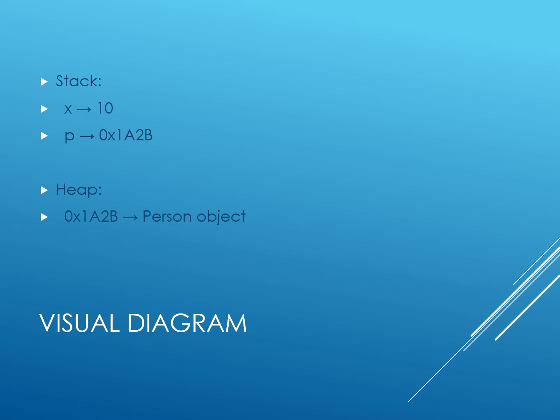This address points to the actual Person object which is stored in the heap, below. When we access p, Java looks for the address in the stack and then follows it to find the object. This shows the difference between the primitive values and the reference values, and how they are individually accessed.